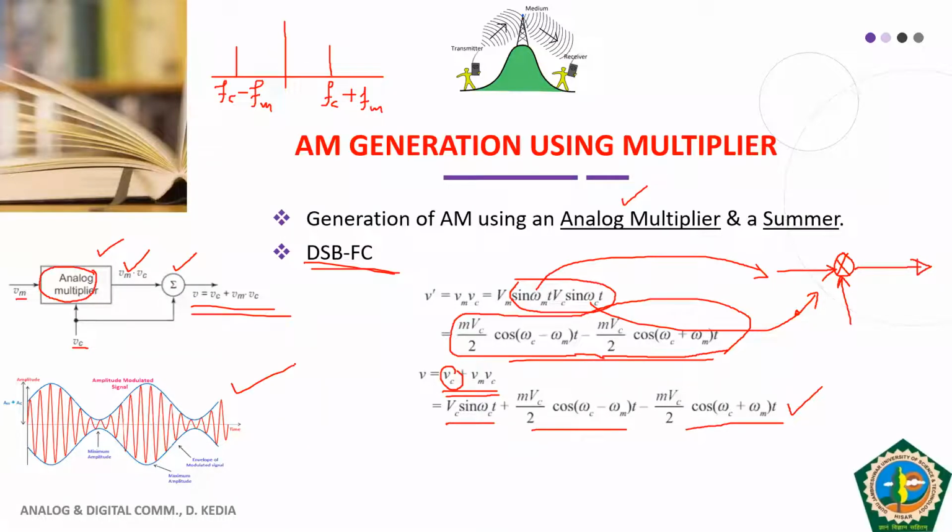Very, very simple. I hope this block diagram is clear to every student. That is the beauty of amplitude modulated signal. That's why again and again I'm telling you that generation of amplitude modulation is very, very simple. How? We simply need to multiply two signals and we get some form of AM. That's it. So by using an analog multiplier and a summer, we can generate a double sideband full carrier signal.